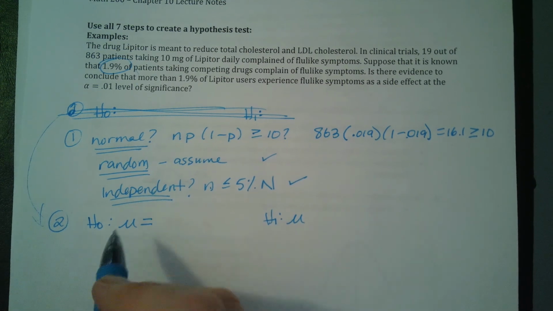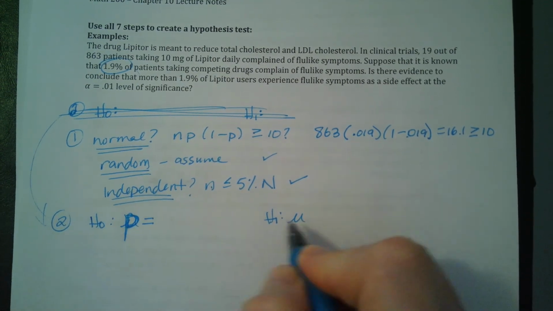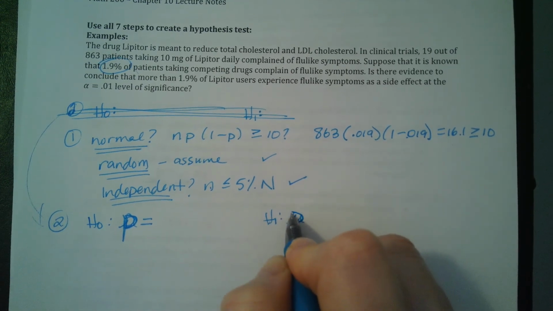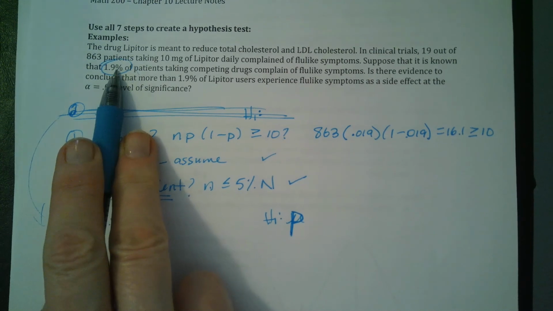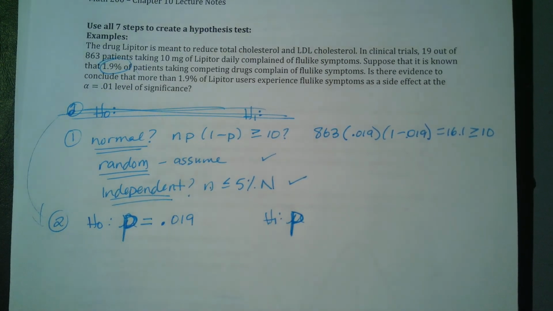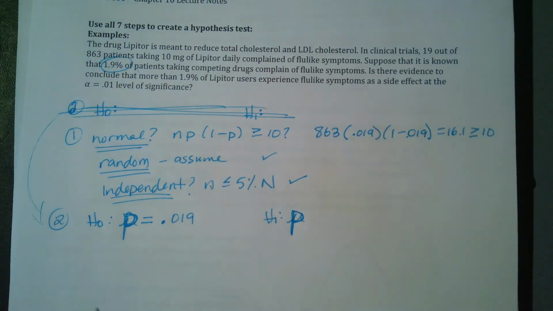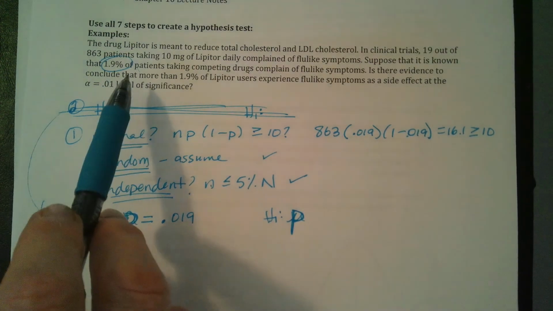In the next section, we'll talk about mean. So for now, let's talk about proportion instead of mean. The proportion that we're discussing here is 1.9% experience flu-like symptoms. So the claim that is being made is that the true proportion of people that feel flu-like symptoms is 1.9%.